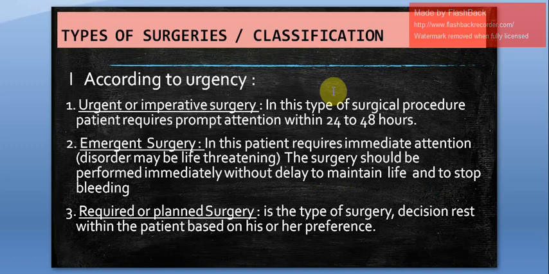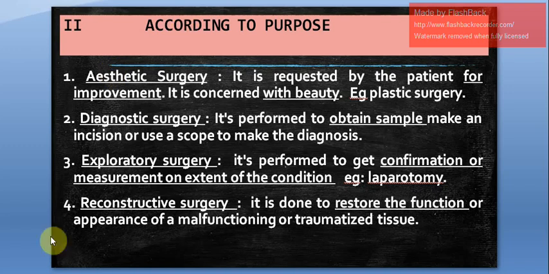Now moving on to types of surgeries or classification of surgery. We have got different classifications of surgery. First of all, we have got according to urgency. It is divided into different types. Okay. Then we will study according to the purpose. Again, it is divided into different types.